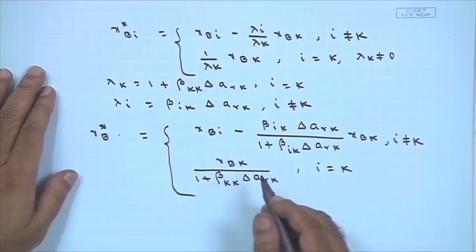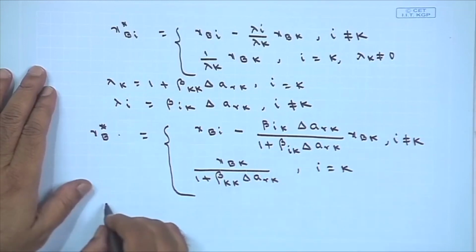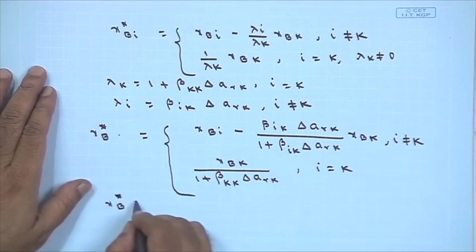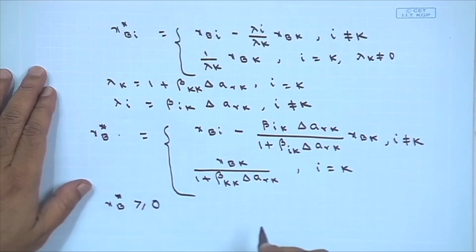Now, for feasibility, what happens? We know that for a feasible solution, your x_B star always should be greater than or equal to 0.